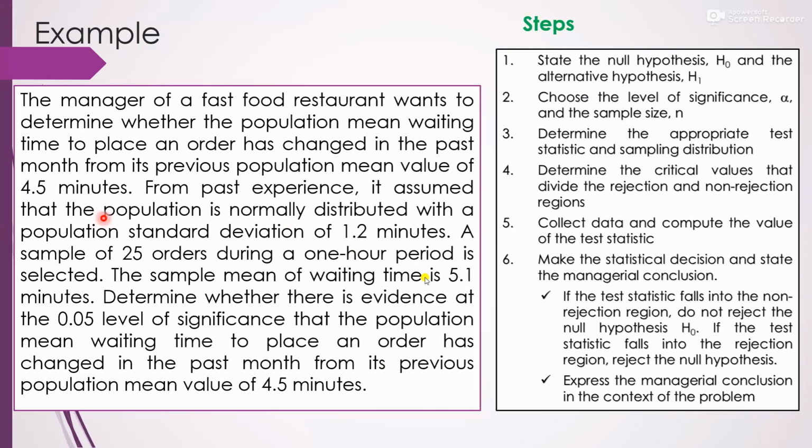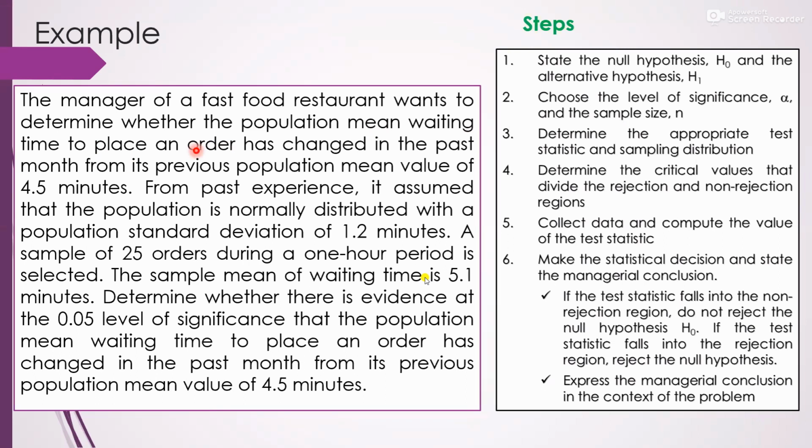Mu is the mean waiting time to place an order in the fast food restaurant, right? Here you have to identify how to define the parameter from this statement. It is the mean waiting time to place an order. So mu denotes the mean waiting time to place an order.